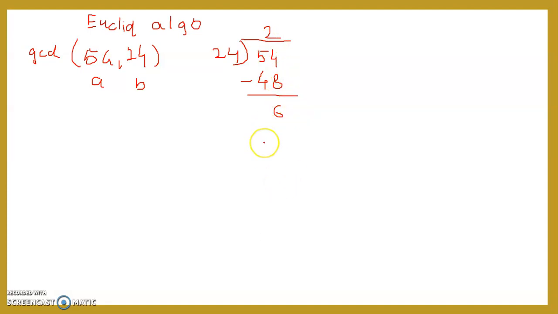Now we got 6 here, but it is a remainder, and Euclid algorithm says that you need to divide these numbers until you get 0 as a remainder. Please try to understand, you need to divide these two numbers until you get 0.